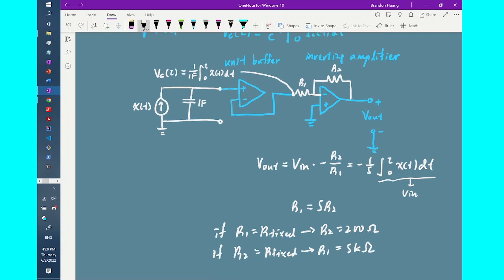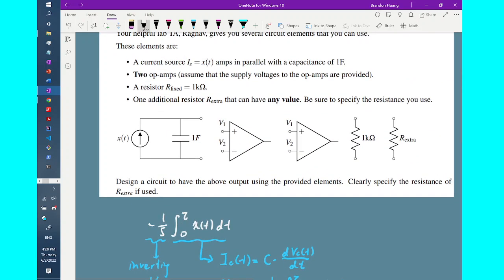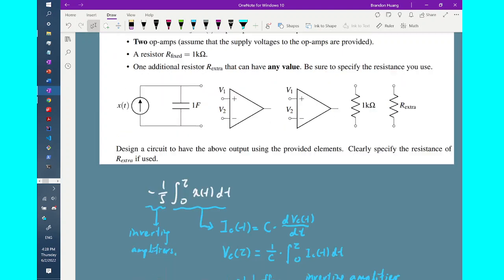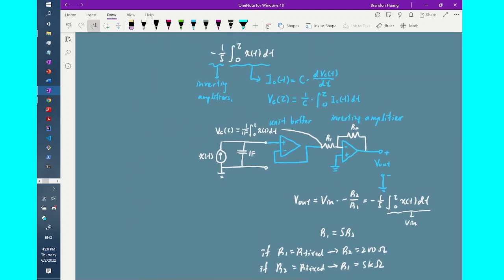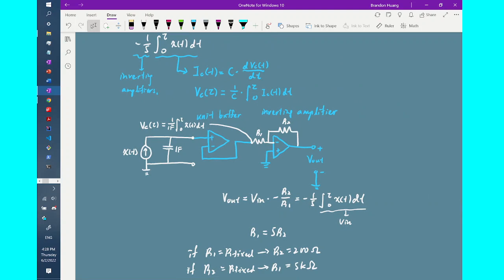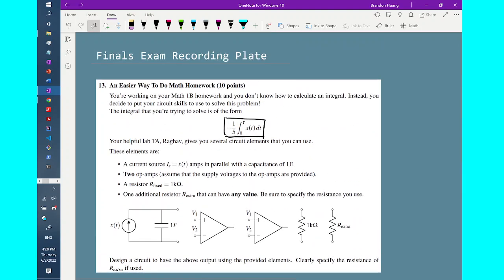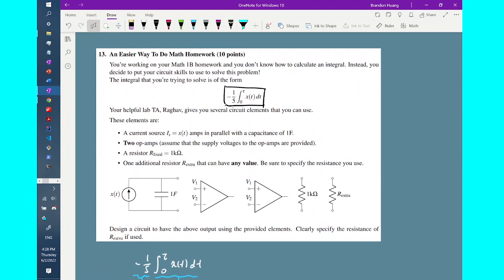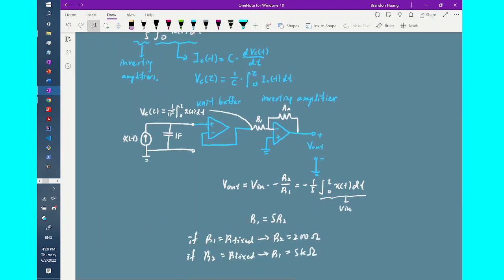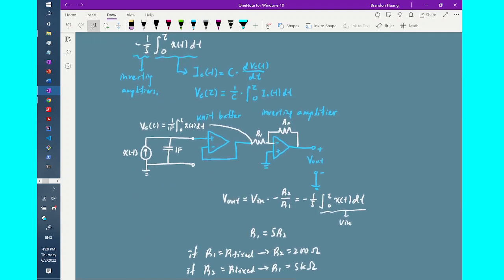So both setups work since this R extra can have any possible resistance value that we want. It's just which one do we choose. And either way, this circuit configuration will work out such that Vout is equal to the integral equation that we try to solve here. And thus, by creating and having formulated the circuit model, we have solved the question.